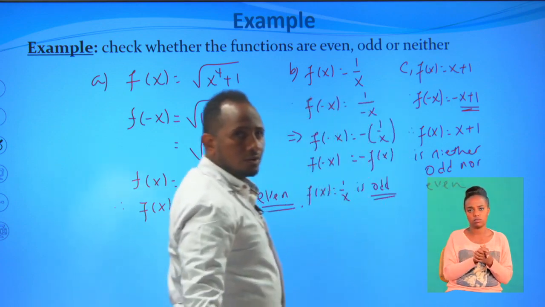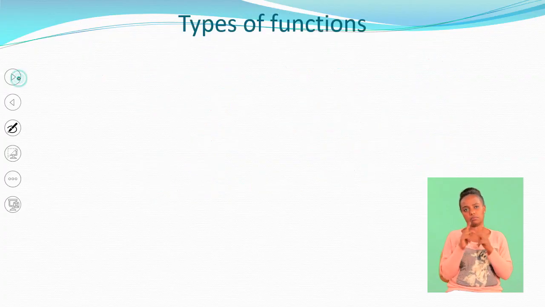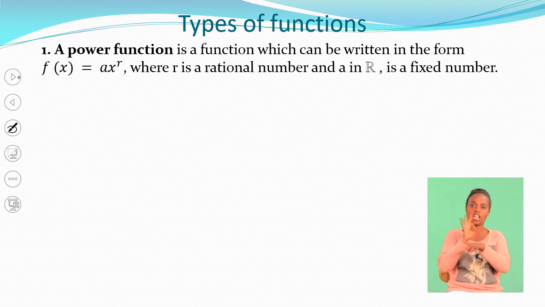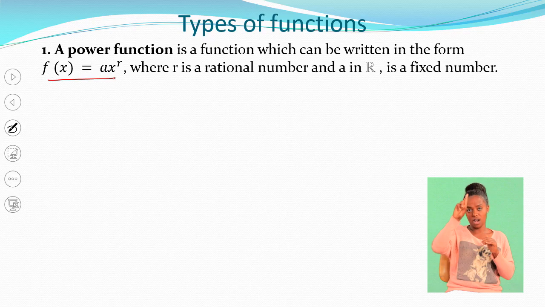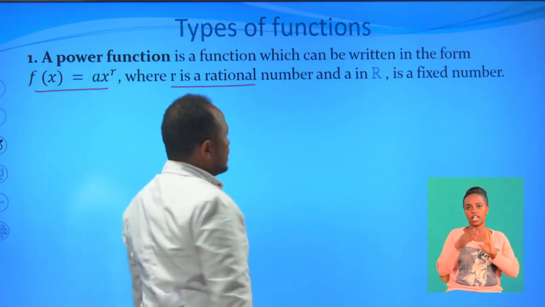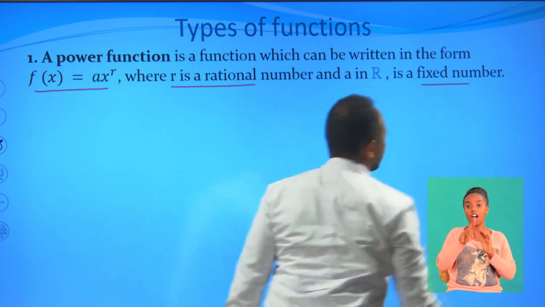Now let's continue to the other part. Types of functions. The first one is a power function. A power function is a function which can be written in the form f of x is equal to a x to the power of r, where r is a rational number and a in R is a fixed number.